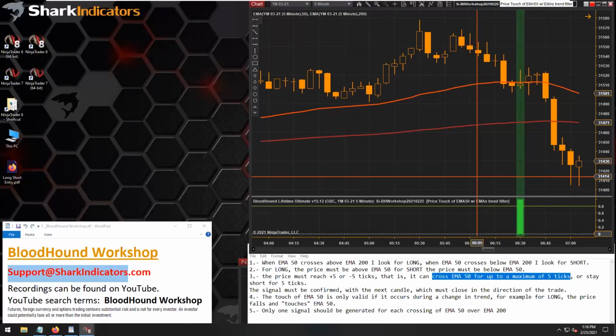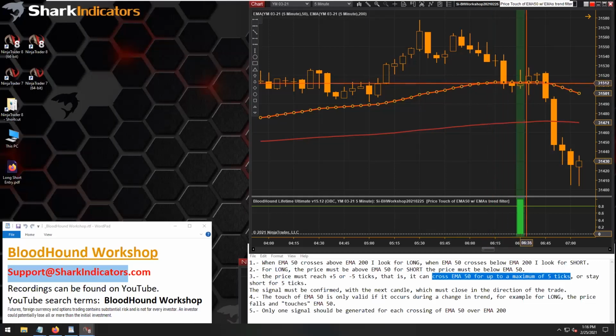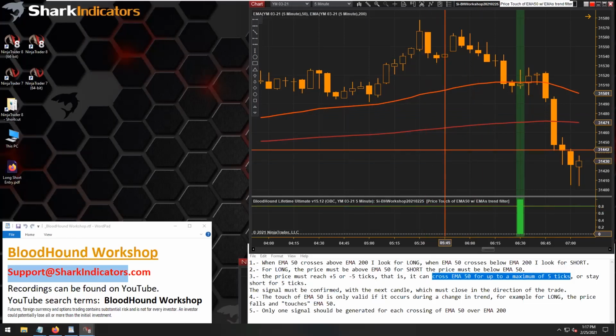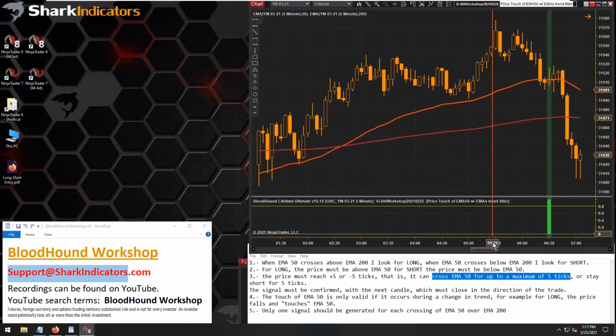And something else that's pretty common to this type of setup is that the close of the bar must be above your moving average. We can see here that this close is not above that moving average yet. Usually that's required. It doesn't say that here, so we'll just ignore that for now, because maybe that's not the case.